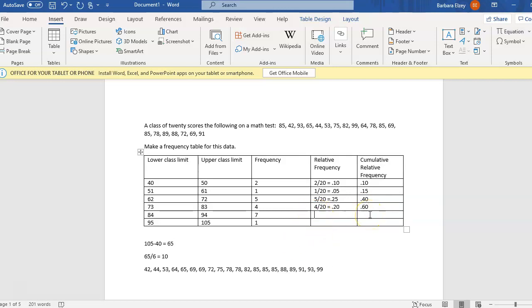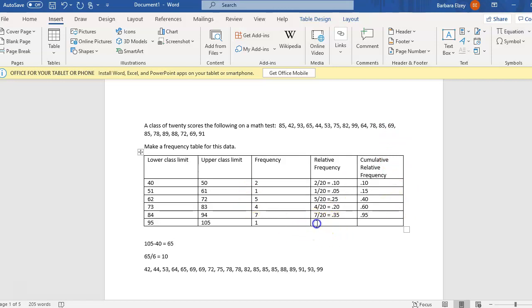And then our next row, we have 7 for our frequency out of 20, which is going to give us 0.35 when we stick that into the calculator. Add 0.35 to 0.60, and we have 0.95 for our cumulative relative frequency.